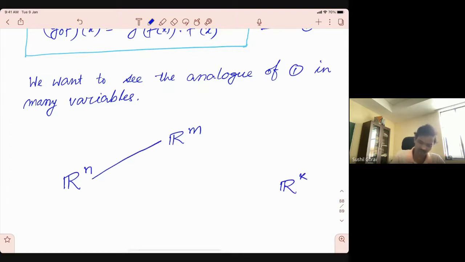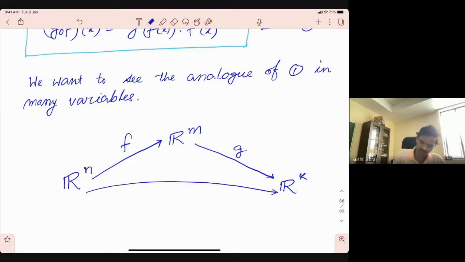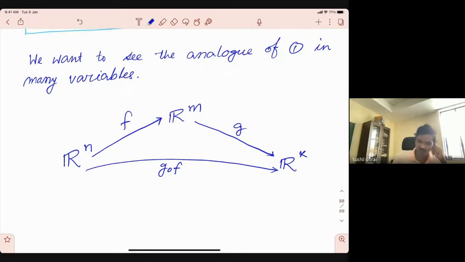So this is f, this is your g, and you want to look at this composition, g compose f. First of all, f and g are differentiable, so what about differentiability of g compose f? Will it be differentiable? What is your guess?